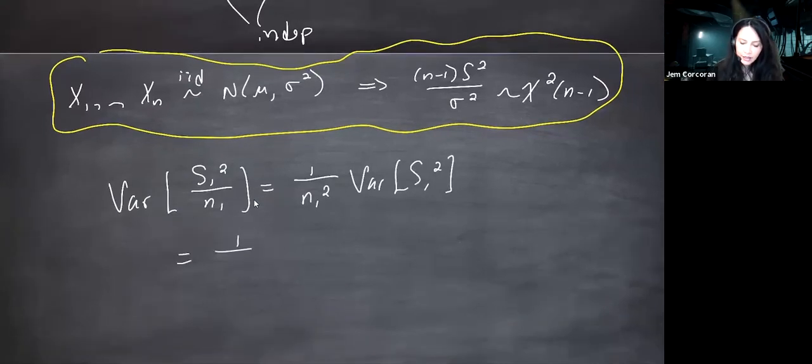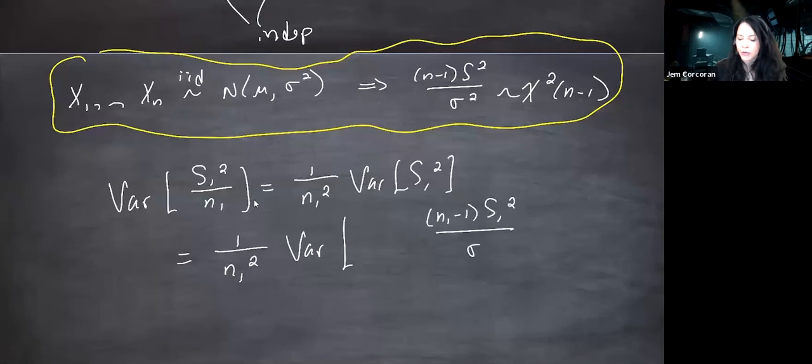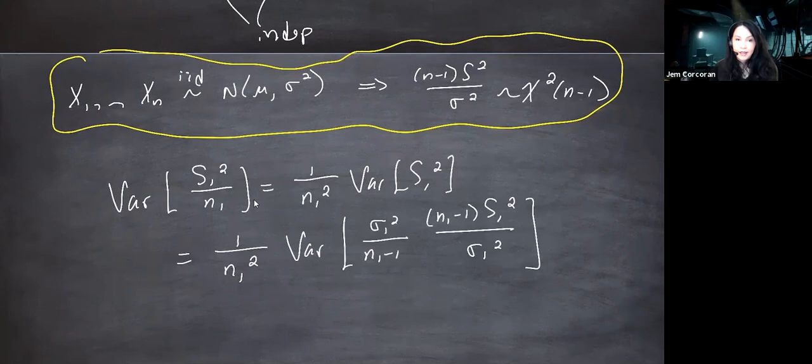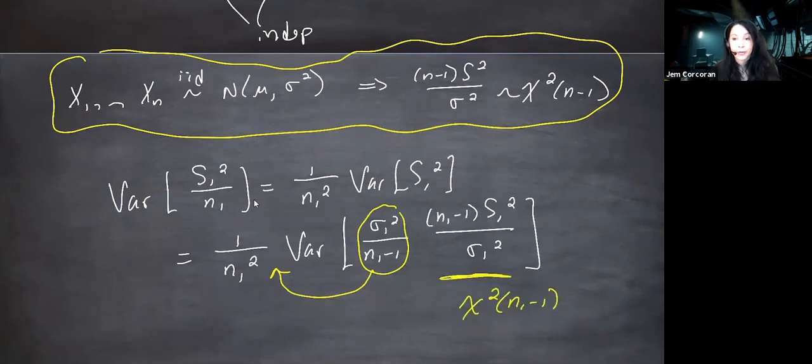This is 1 over N1 squared times the variance of N1 minus 1 times S1 squared over sigma 1 squared, times sigma 1 squared over N1 minus 1. In doing that, you have just created another constant which gets pulled out of the variance and comes out squared. Then you're left with the variance of a chi-squared N1 minus 1 random variable. We saw that the variance of any chi-squared with n degrees of freedom is 2n, but if you don't remember that, then translate back to the gamma and look it up.